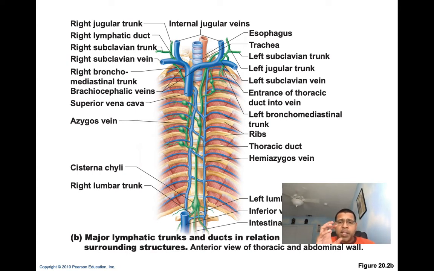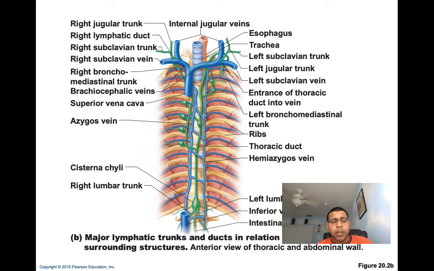They're basically spherical bodies consisting of tightly packed reticular elements and cells. In some of these lymphoid follicles, we're going to be able to appreciate germinal centers, which are another region that contains lots of B cells.